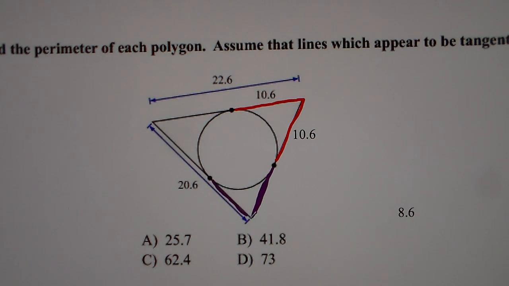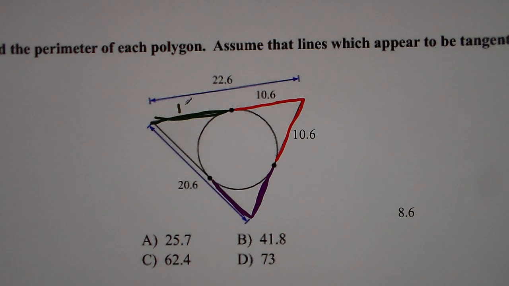To do that, we have to know what this purple side is, because those are the same. And we're going to find that purple side by using a 20.6. So we got to work our way around the triangle here. We know that these top two pieces, we got 22.6 and a 10.6. So we have a big and a small. So big minus the small will get us this other small. We'll find this green guy. So 22.6 minus 10.6 gets us 12.